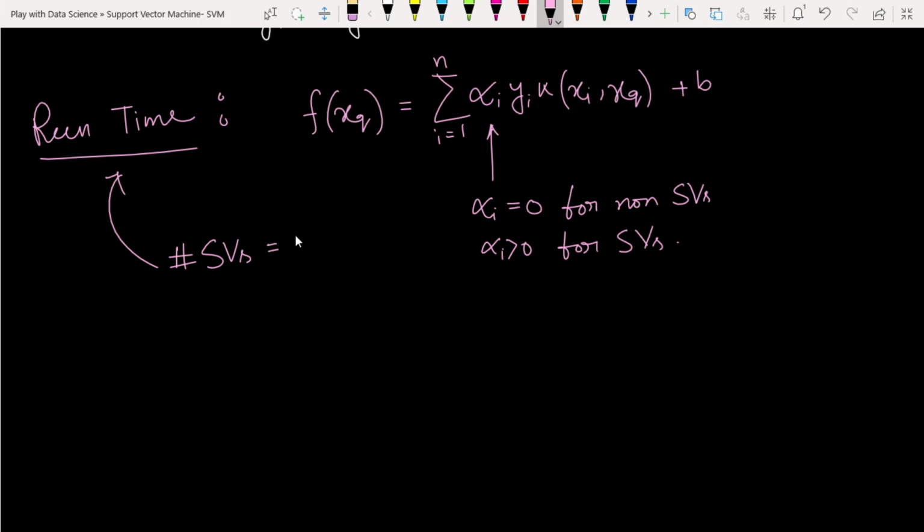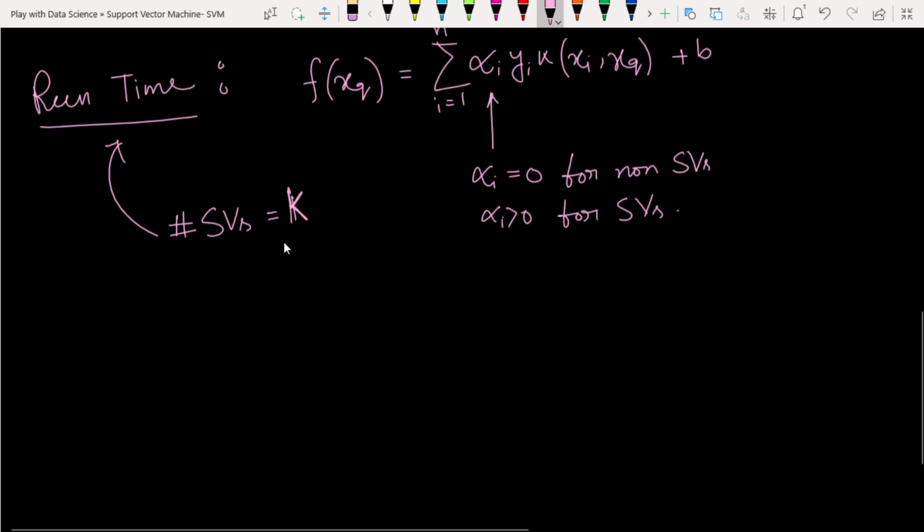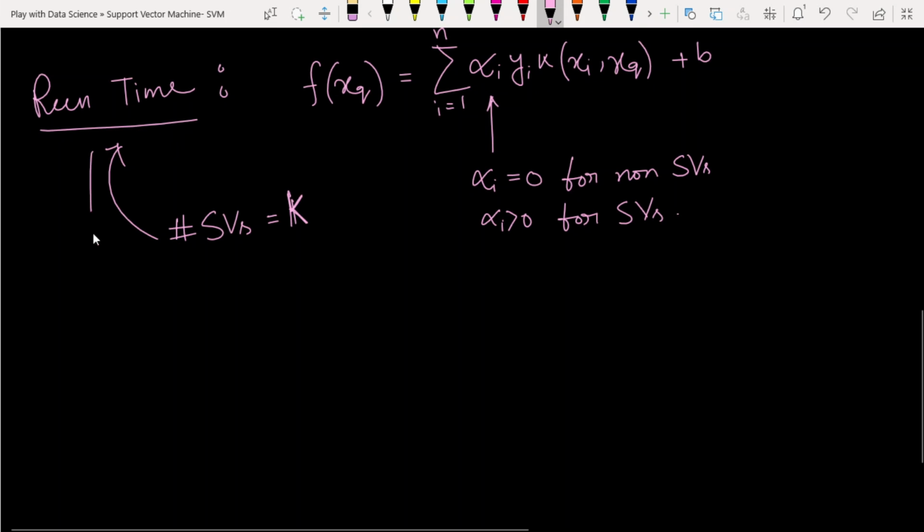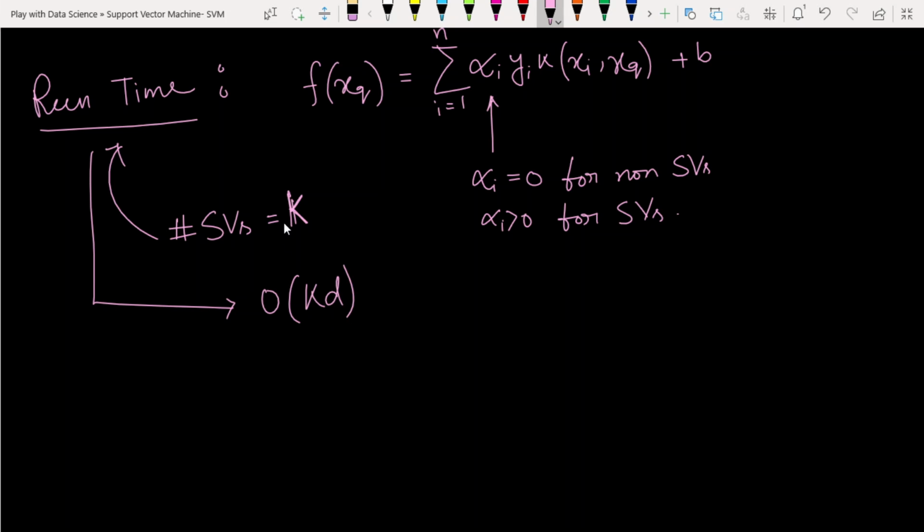Let's say the number of support vectors is k. Then the order of complexity is order of k d, where k is the number of support vectors and d is the number of dimensions of our data set.